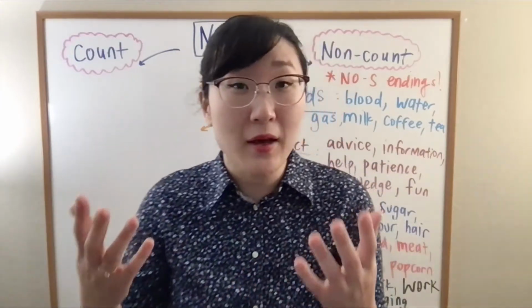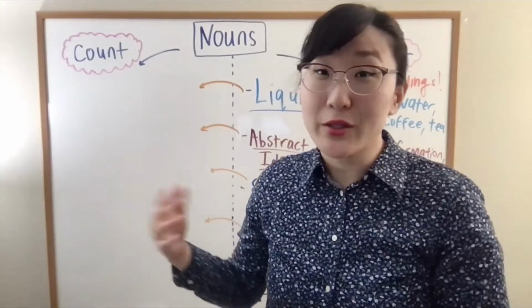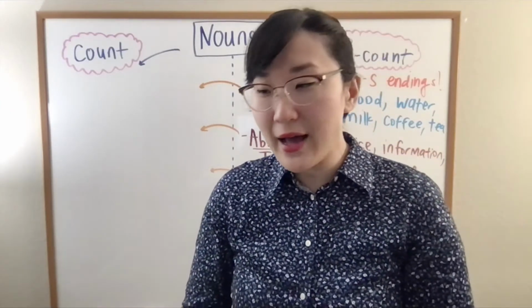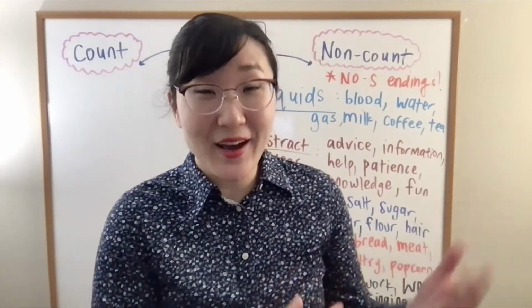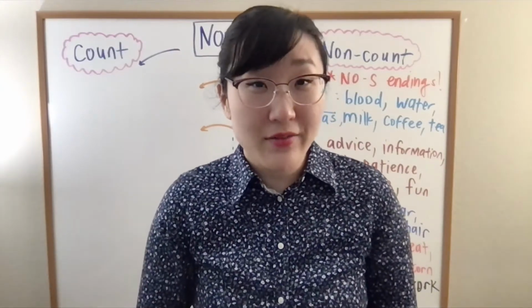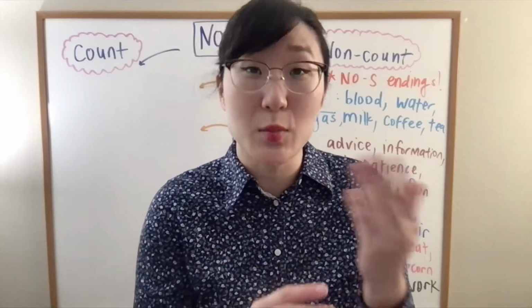Many of you are familiar with count nouns. Count nouns usually have an S ending, right? So for example, I have 2 books. I have 3 cats. I have 4 classes, right? All of these will take an S ending to show, hey, this is not singular, it is plural.